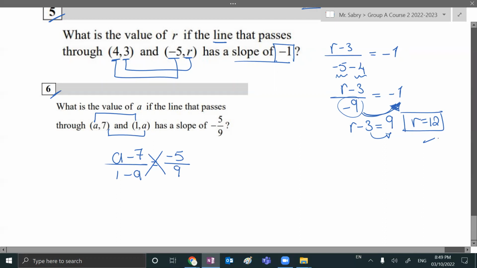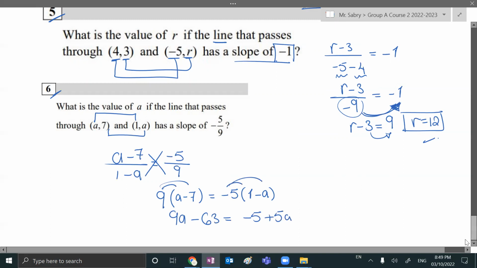So here in the second question, it will be 9 multiplied by a minus 7 equals negative 5 multiplied by 1 minus a. I'll distribute the 9 and get 9a minus 63 equals negative 5 plus 5a, distributing this one too.